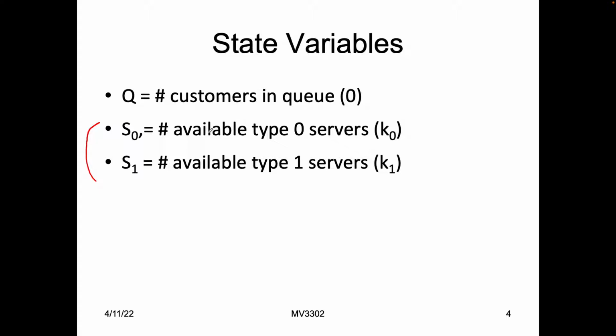And similarly for type 1. And are there any other events that start service 0 would schedule? I can't think of any. Again, that doesn't mean there aren't any, it just means I can't think of them.